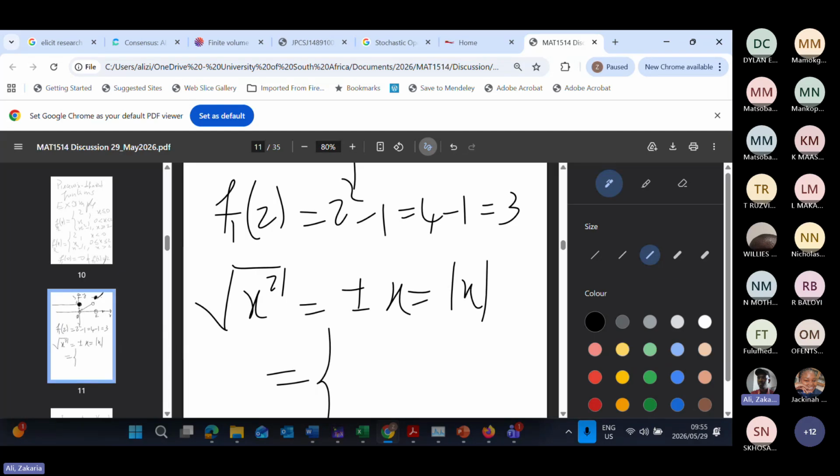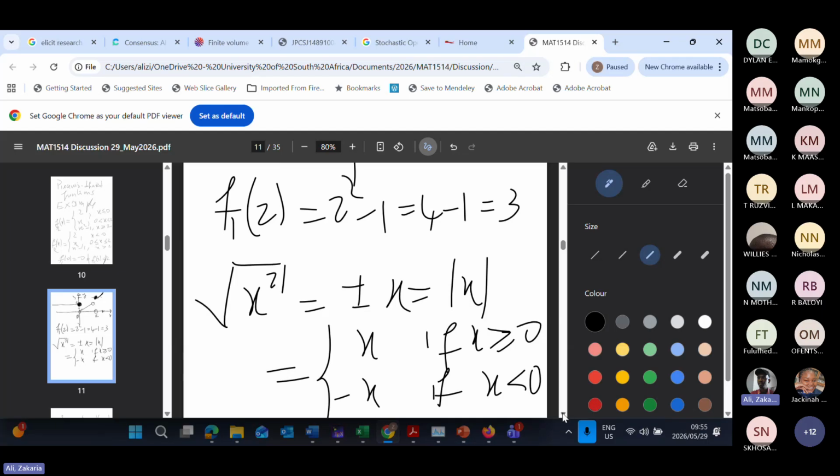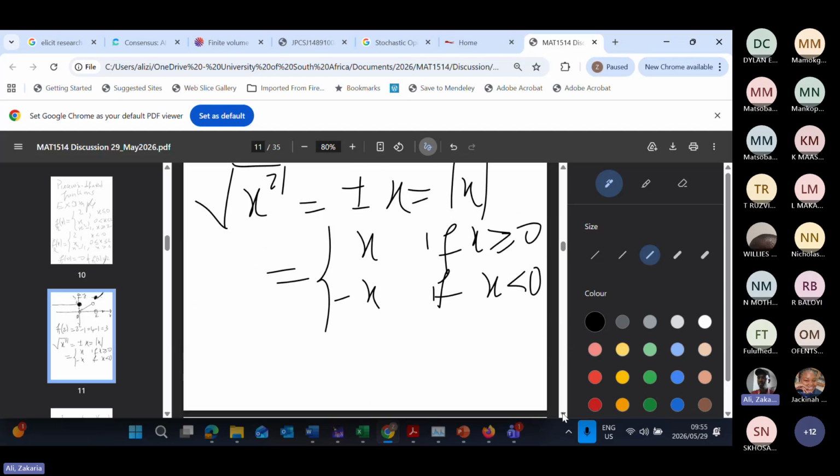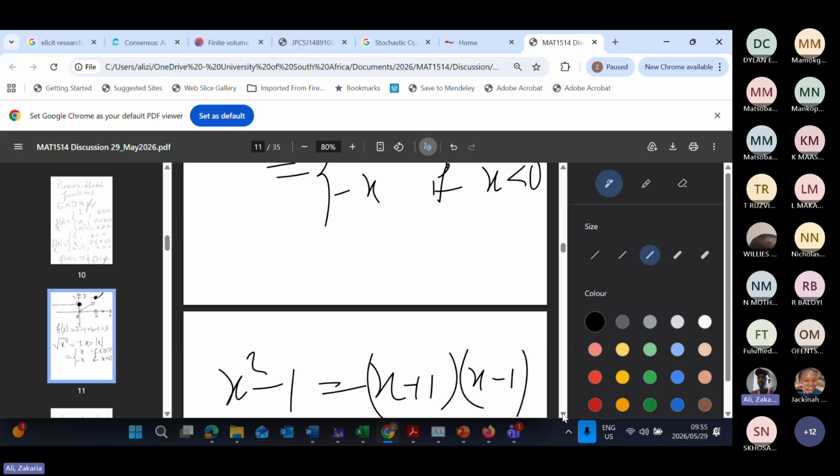So it is x if x is greater than 0, or greater or equal to 0, it's the same thing, and minus x if x is less or equal to 0. However, because of that piecewise defined function, I'm going to remove the equal part. So you see that the absolute value and the square root function are just examples of a piecewise defined function, right? Are you with me?